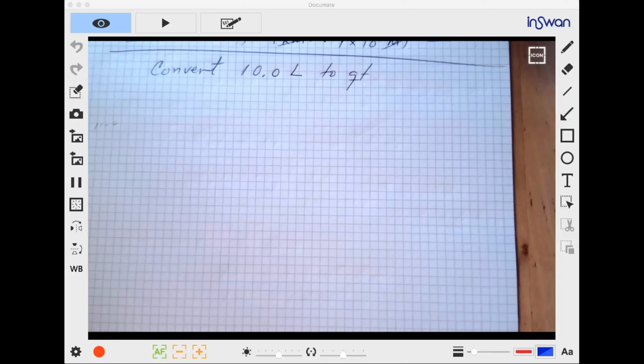But notice that I have liters, not milliliters. So what do I do? Well, either I create a new conversion factor in my head that expresses these in liters, or I do it in 2 steps. So let's first do it in 2 steps. 1 liter equals 1,000 milliliters. So we have 2 equalities, and we're gonna walk from liters to quarts using those 2 equalities.